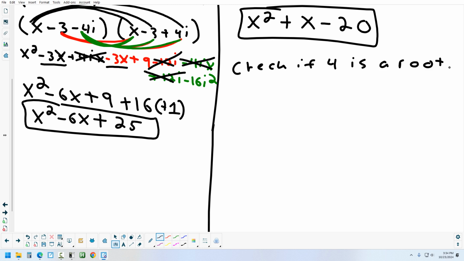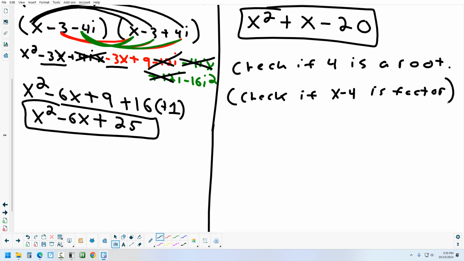Checking if 4 is a root is the same thing as checking whether x minus 4 is a factor. So what we're really going to do is check if x minus 4 is a factor.